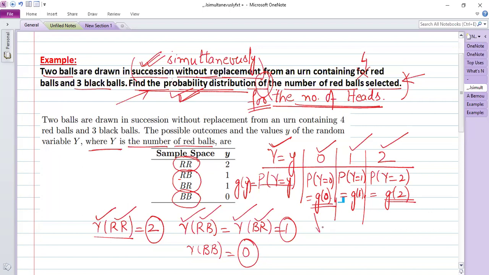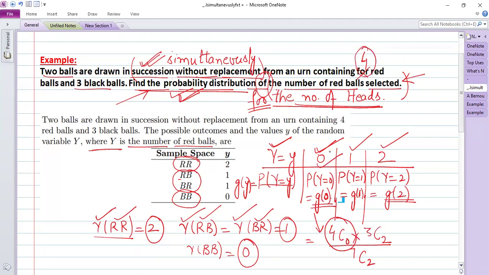Now, the very first value is 4C0 into 3C2 divided by 7C2. Here 4C0, because we are selecting 0 red balls out of a total of 4 red balls.